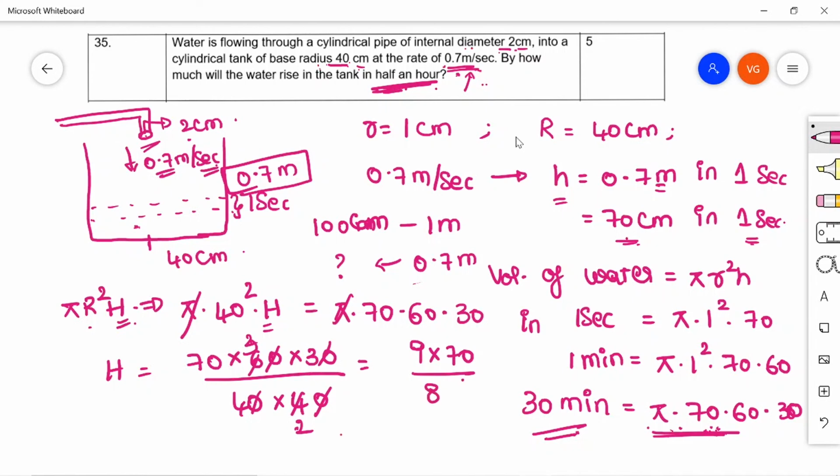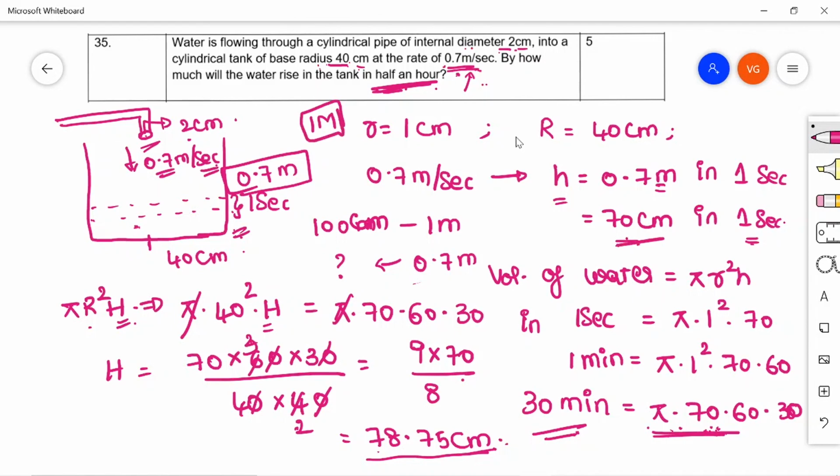If you do this calculation, you will get 78.75 centimeter. So the height of the water that is raised in the tank in half an hour is 78.75 centimeter here.